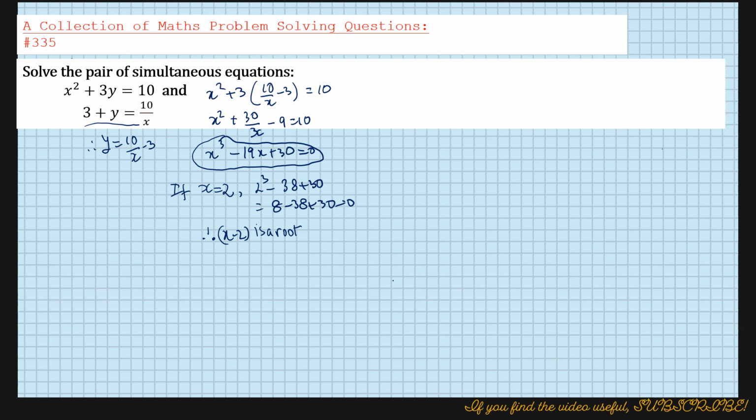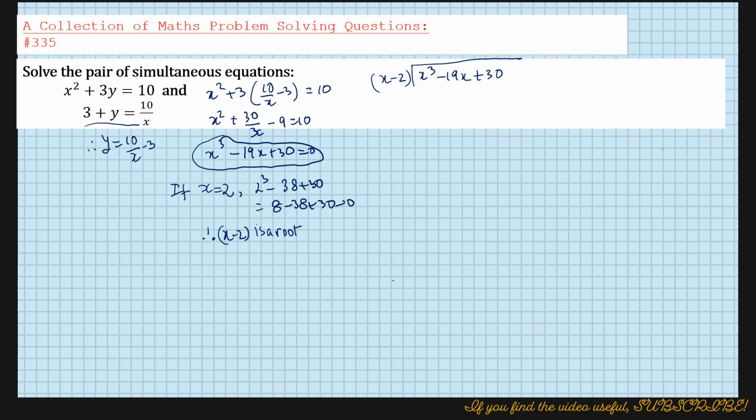So what we are going to do is divide this entire term by x minus 2. So we have x cubed minus 19x plus 30, and I'm going to divide it by x minus 2.